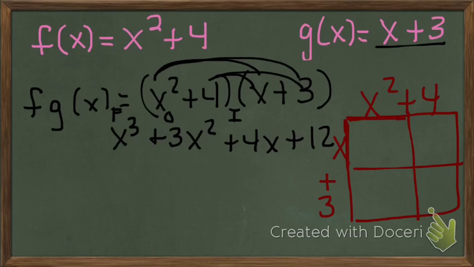This box would be x times x squared, which gives us x cubed. Then for this box, x times 4 is 4x. 3 times x squared, and then 3 times 4. You'll notice you get exactly the same thing. It's just a little easier to organize. And then of course you want to combine any like terms if possible. This one doesn't have any.